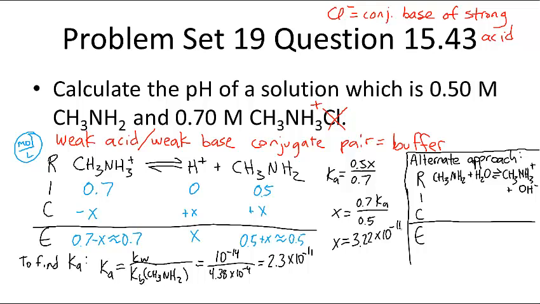Now, if you put it in your calculator, if you take the negative log of 3.22 times 10 to the negative 11th, and then take the negative log of 3.19 times 10 to the negative 11th, go ahead and do both of those calculations.